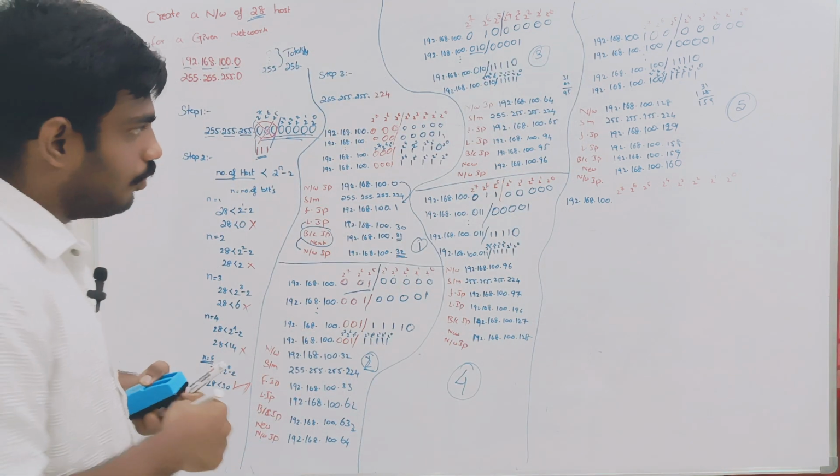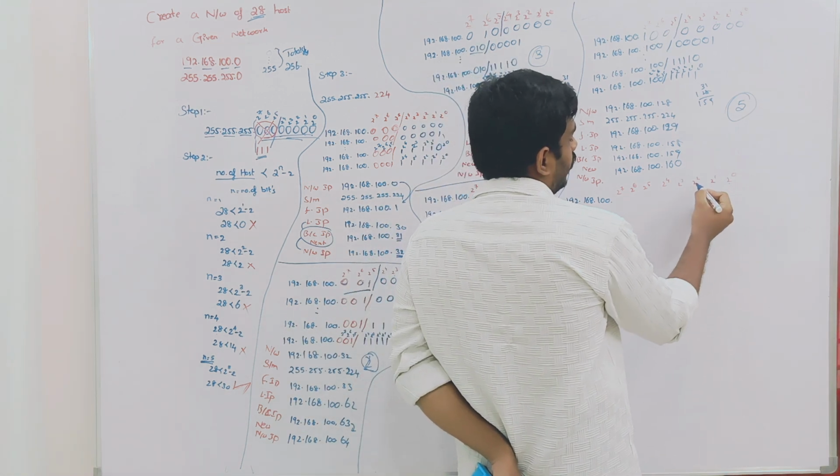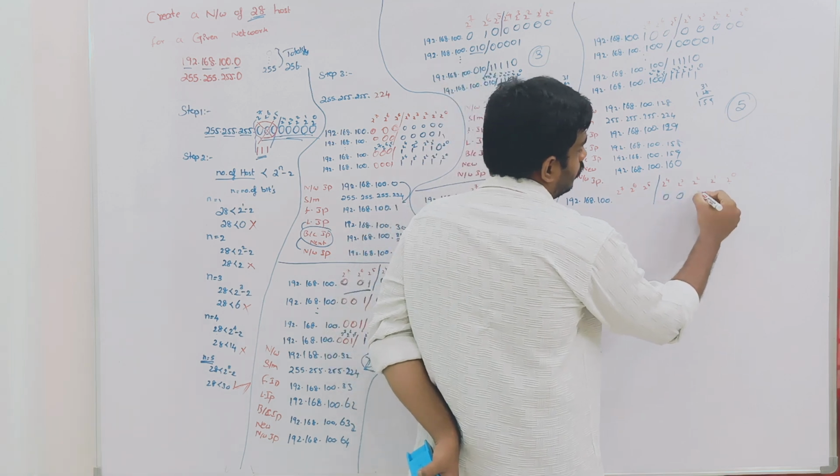Now you make the host portion first: 1, 2, 3, 4, 5, and keep all of them zeros.